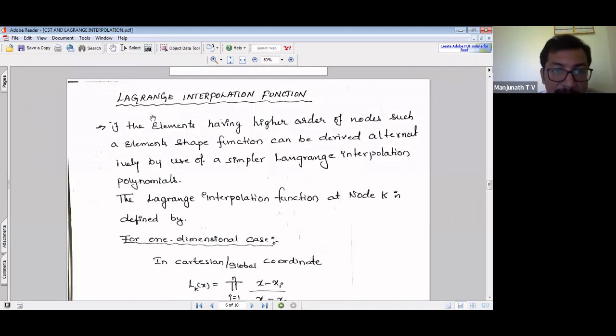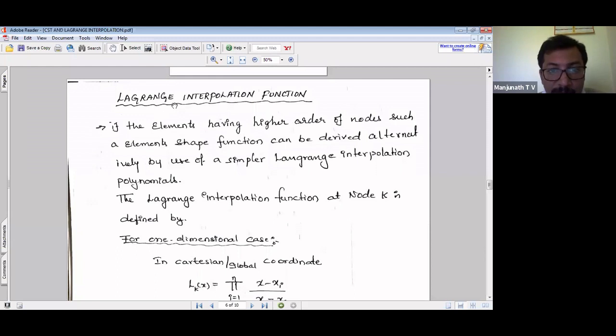So Lagrange's interpolation function: if the element has higher order nodes, meaning more intermediate nodes rather than only corner nodes, and you want to obtain the shape function, then we are going to use this alternate method, a very simple method, Lagrange's interpolation function.